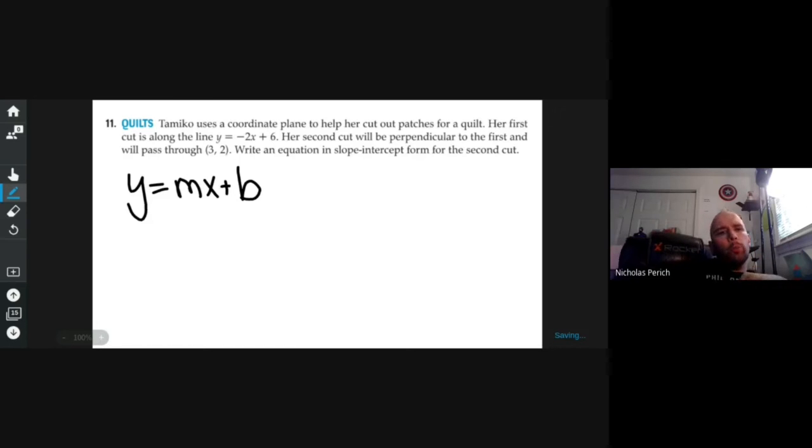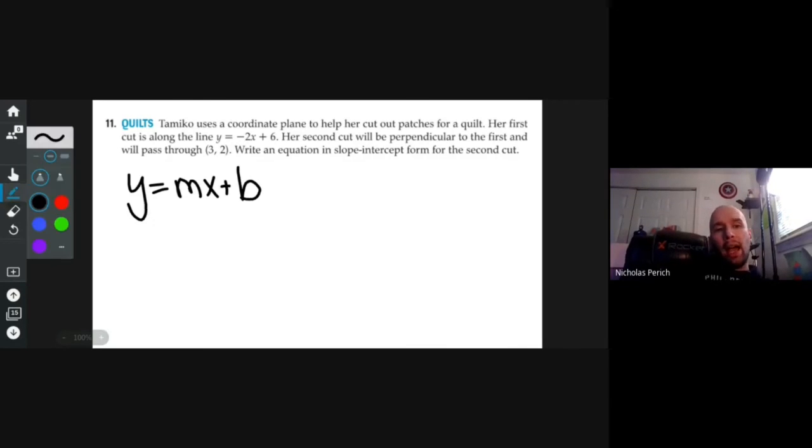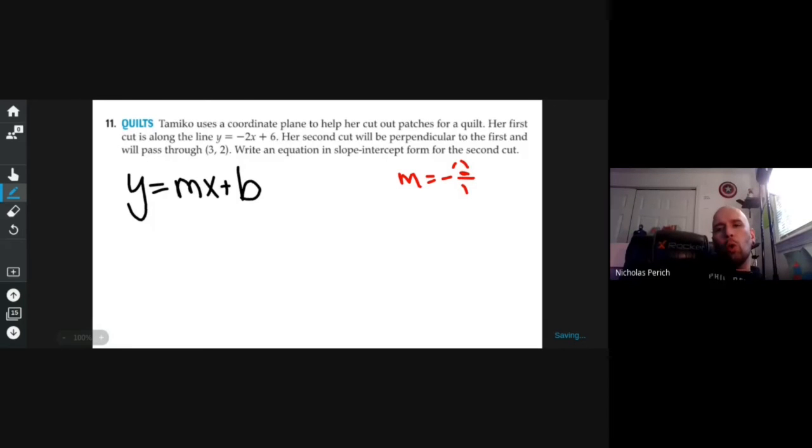This is what we know. We know that her second cut is going to be perpendicular to that slope right there. So the slope we have, which I'm going to write over here, is negative 2 or negative 2 over 1, which means we want a perpendicular slope, don't we?